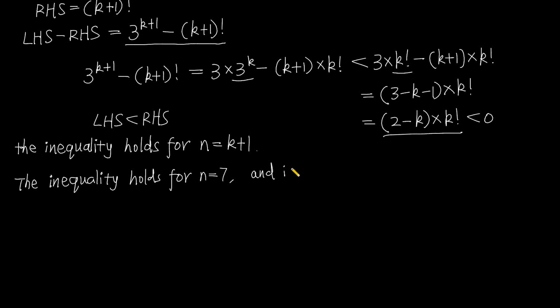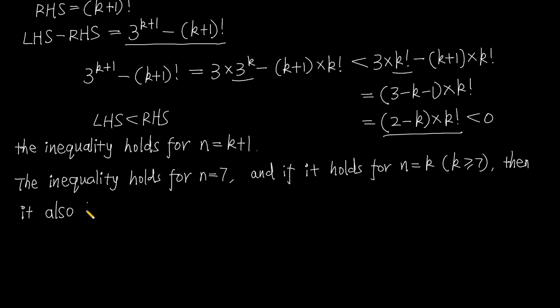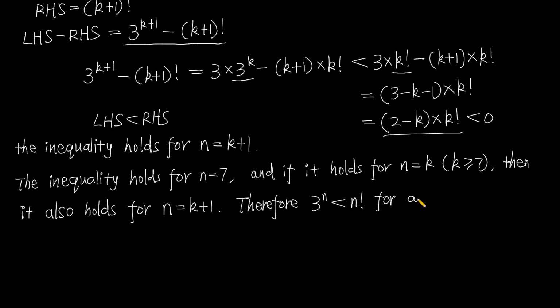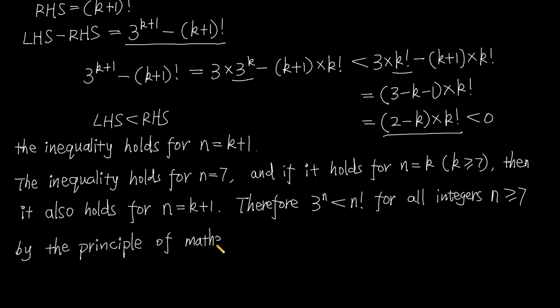And if it holds for n equals k, where k is larger than or equal to 7, then it also holds for n equals k plus 1. Therefore, 3 to the power of n is smaller than n factorial for all integers n larger than or equal to 7, by the principle of mathematical induction.